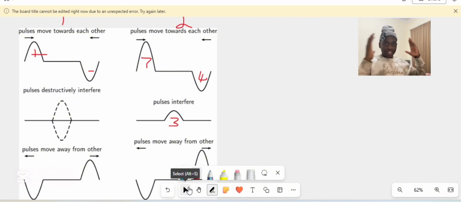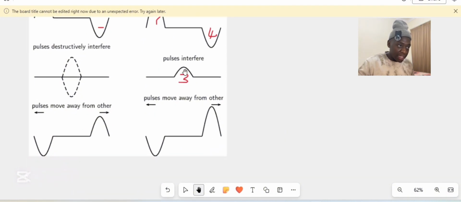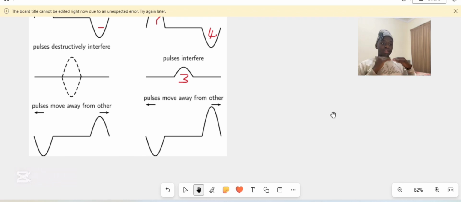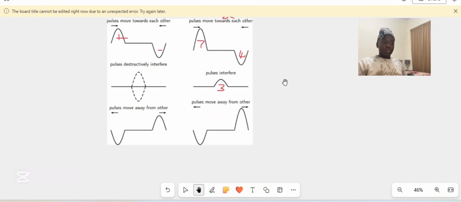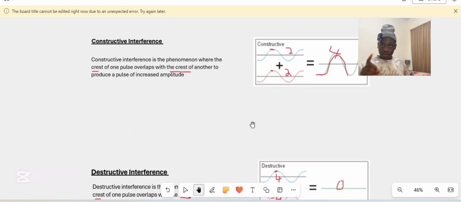It's going to be 7 minus 4, then there's going to be 3 left, meaning an amplitude of 3 is left. That is why here there's a little bump indicated. Then after that interference, both pulses will get into their original positions, original direction, and amplitude. So yes, that is the theory of it. Hopefully prepare well for your upcoming exams and good luck to you.